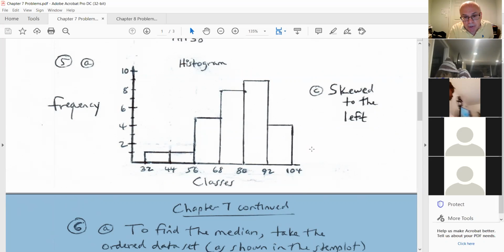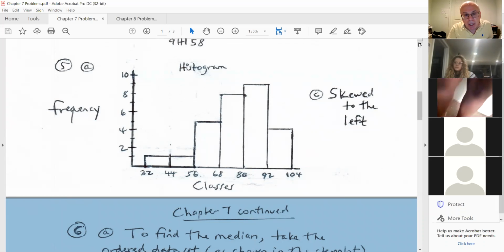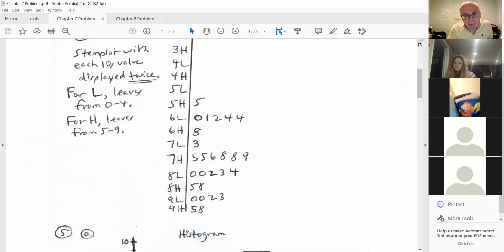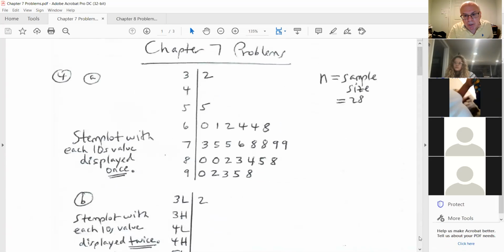All right, so those are the types of things that we ask you to interpret when we use a histogram. And you can see the histogram does a really good job of showing this skewness to the left, as opposed to the stem plot. Neither one of these stem plots does a really great job. I mean, you could sort of see it here, right? You could see that most of the data is to the right and it tails off to the left.